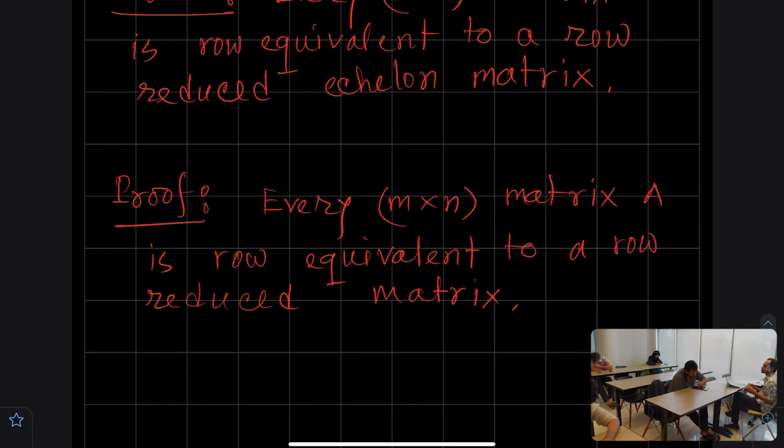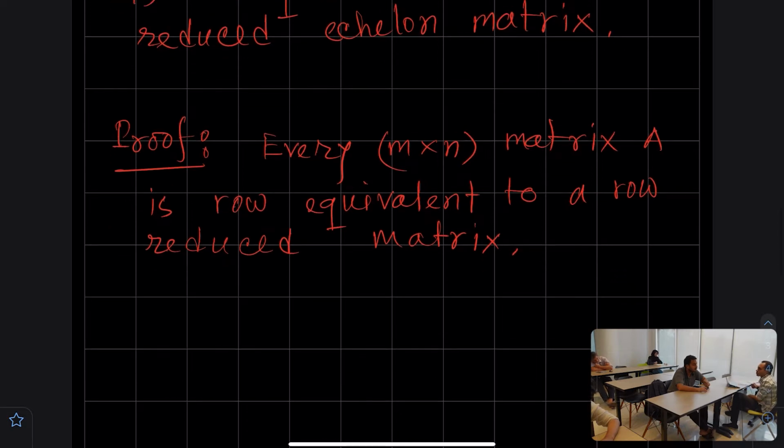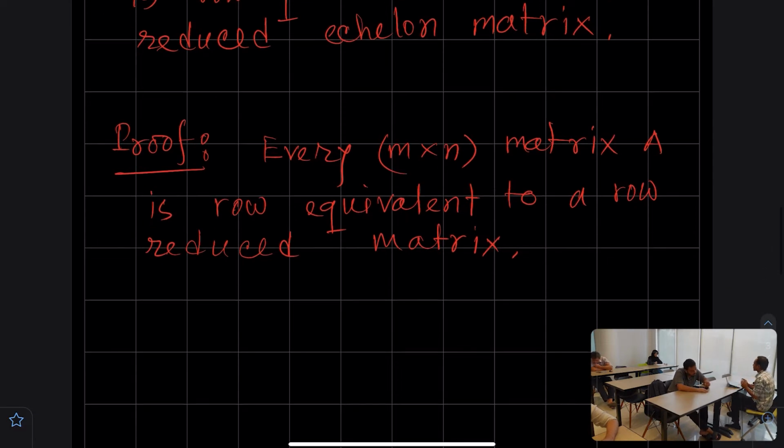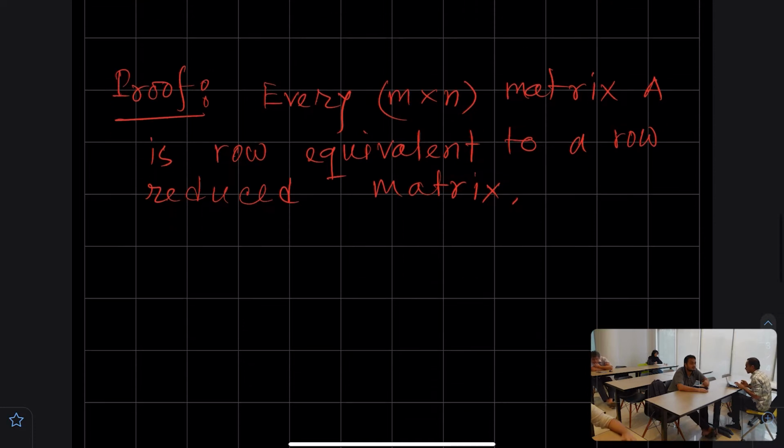We proved this theorem in the last lecture. So how can I proceed with the proof? If we do operation number 3, then we can prove that. Is that clear to you? So every M cross N matrix A is row equivalent to a row reduced matrix.